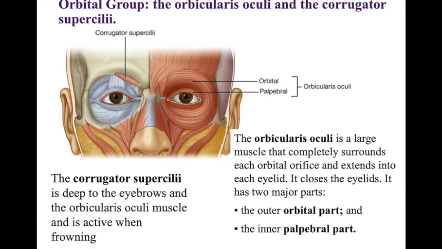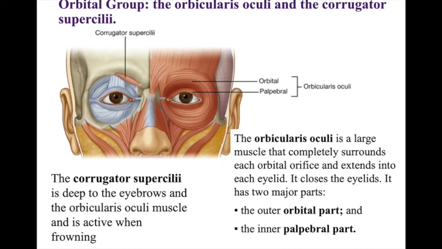So the orbital group has the orbicularis oculi, which you see there very clearly, a large muscle that will open and close the eye. And then you have a muscle that you would see only if you dissect the orbicularis oculi. So you remove the orbicularis oculi, which is the corrugator supercilii.